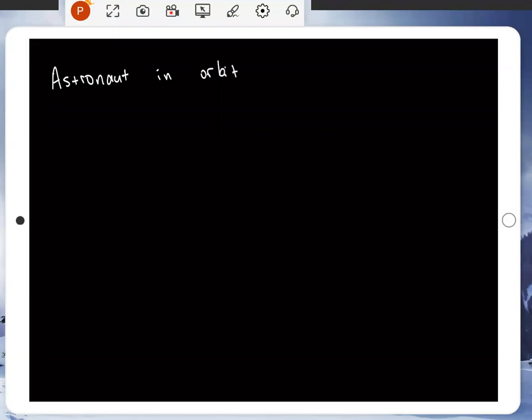I could pull a problem from your notes, but I'm a strong believer that you've got to do new problems and new things, because if you've already seen it, it's good practice. So if you're okay with that, astronaut in orbit. Okay. At a height of, she's pretty low, 200 kilometers above Earth.